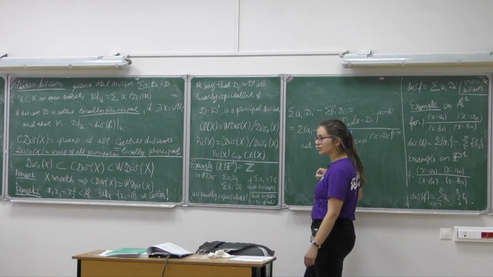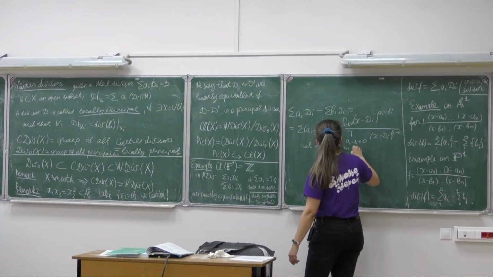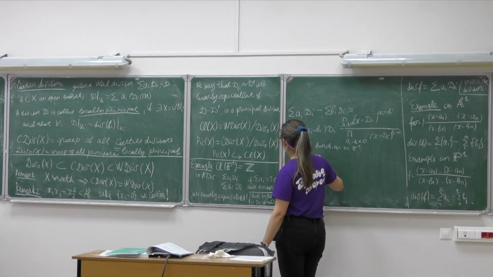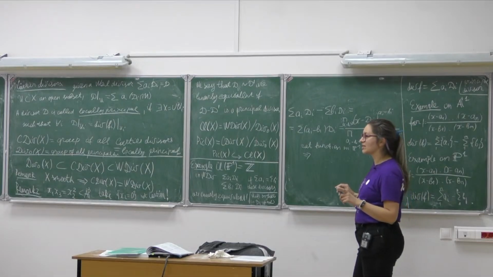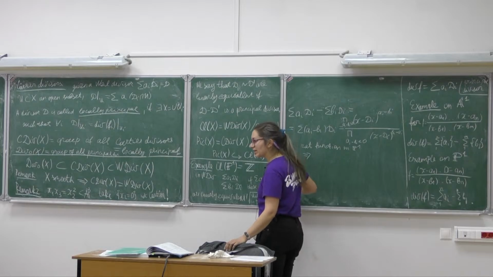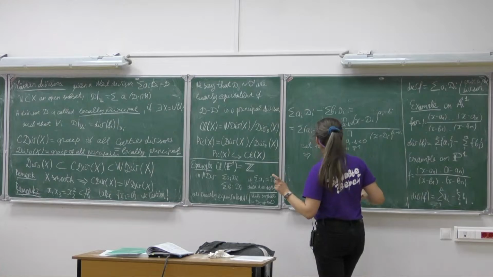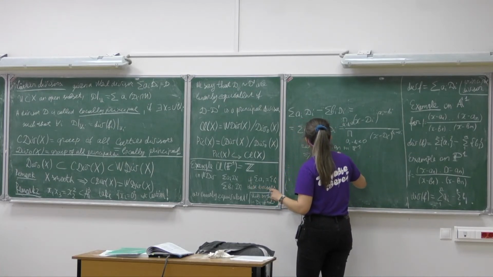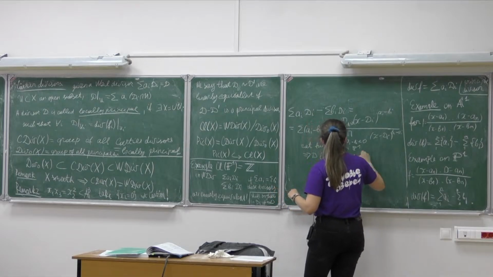Like rational functions on P1, this should be some fraction, but the degree of the upper equals the degree of the lower. We assume that the sum of ai equals the sum of bi. One moment. Yes, of course, it does.